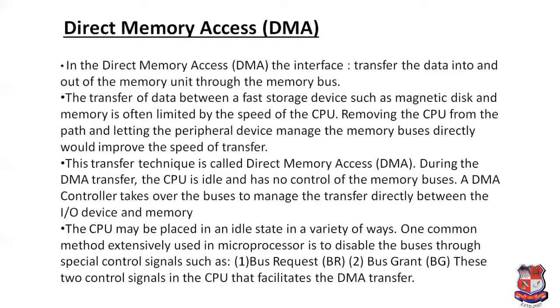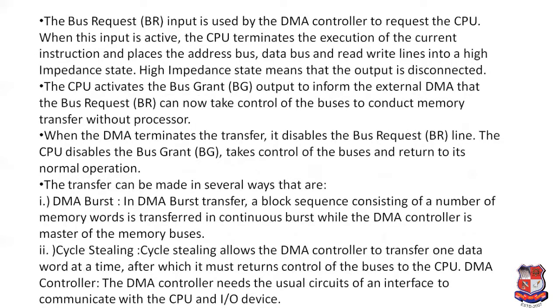One common method, extensively used in microprocessors, is to disable the buses through special control signals. There are two special control signals, BR (bus request) and BG (bus grant). These two control signals in the CPU facilitate the DMA transfer.